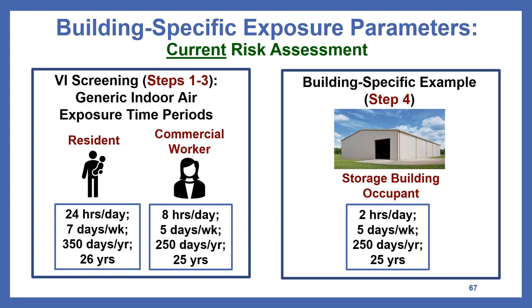And so after the initial screening, once we've collected more site-specific information, in this example, we have a storage building where we know the occupants of the building are only expected to be in the building 2 hours a day, 5 days a week, 250 days a year for up to 25 years. And so in step 4, we can use this information to refine that current risk.